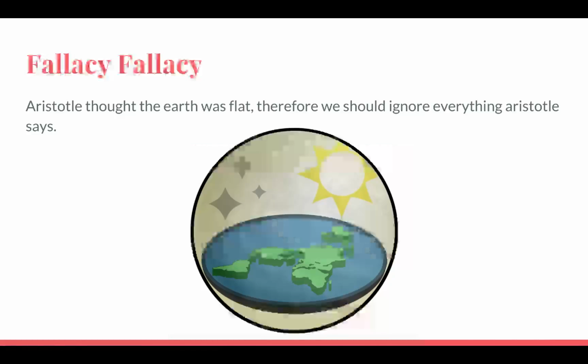Another good example is Aristotle thought the world was flat, so we should ignore everything Aristotle said. Well, no. Is the world flat? No, it is not. Aristotle was wrong. That's fine. He was wrong on several things. He lived 2,500 years ago. We've had a few advancements since then. We've learned some things.